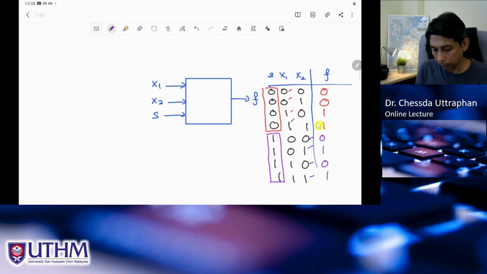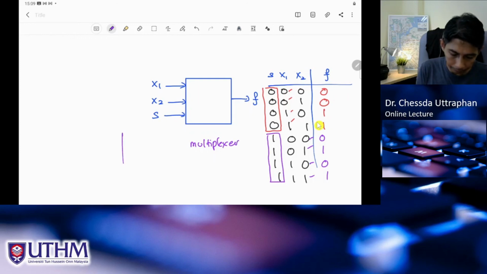So what is this? We can actually derive the Boolean equation. And this is actually the behavior of a multiplexer. We will learn the multiplexer in the next chapter.